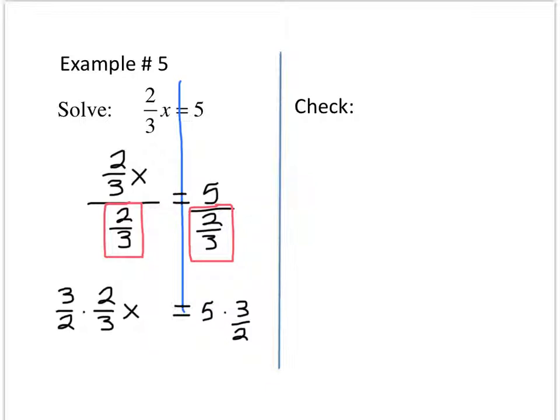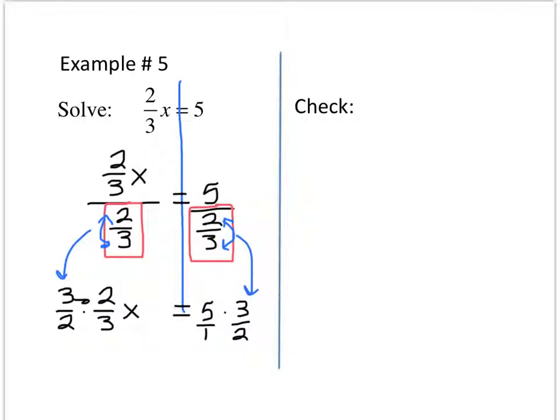And again, I can imagine that that 5 is over 1 since I don't have any denominator there. And again, just to be clear, all I did there was flip these 2/3 in the bottom, and that gave me these 3 over 2's here. Right? There came that first 3 over 2 there, and there's my second 3 over 2 here. So now I'm able to multiply, and I'm just going to go right across.